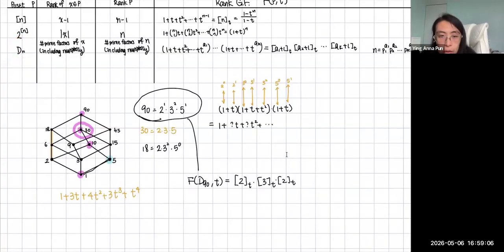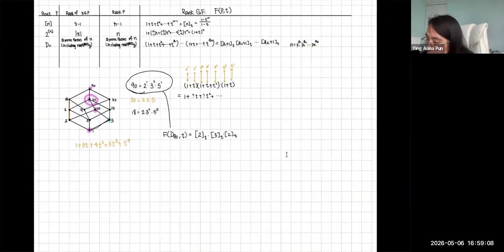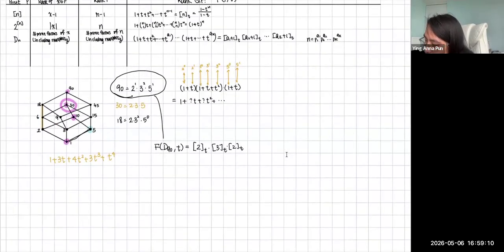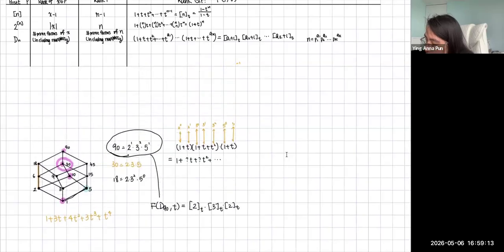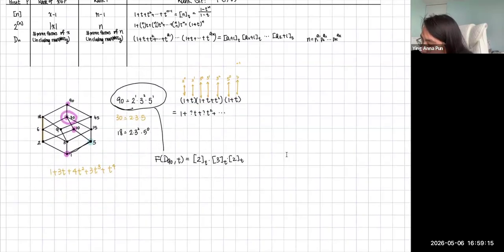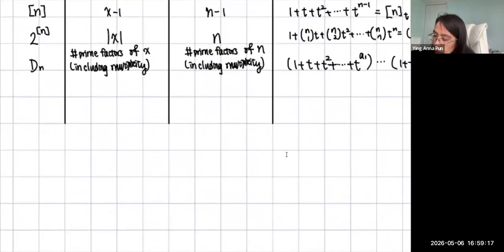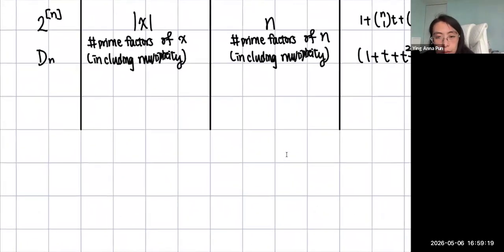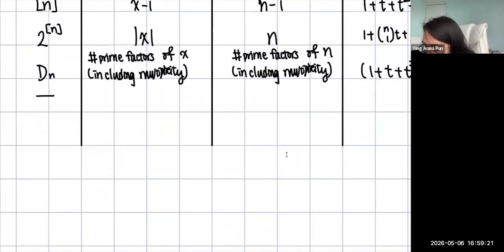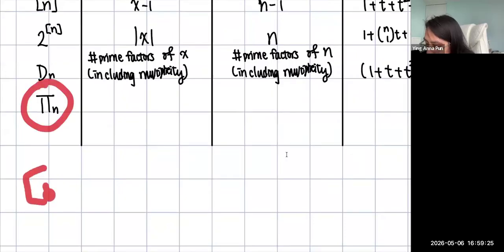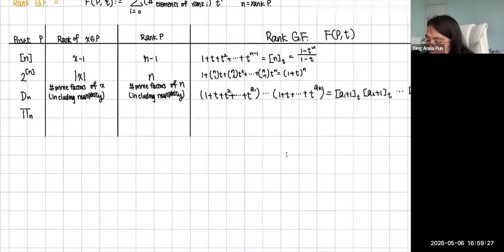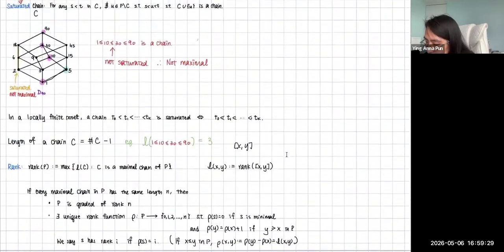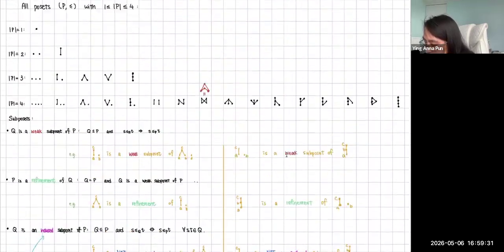All right. So things start to get more and more interesting when we look at more complicated examples. So let's look at another example. The other example that we have is the Pi n, which is the set partitions of the set 1 to n. And let me just give you the Hasse diagram.